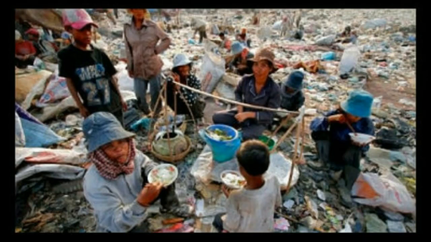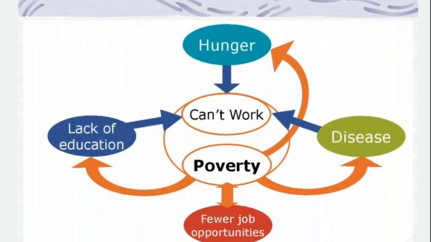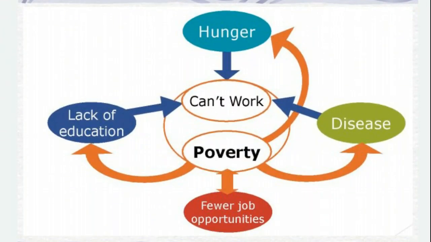Now, the question arises, what are minimum necessities? We can also say minimum necessities are the basic human needs like food, clothing, housing, education, etc. As you can see by this diagram, poverty causes hunger, disease, fewer job opportunities, lack of education, etc.